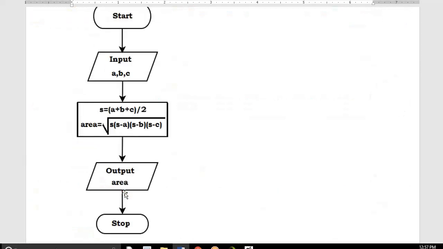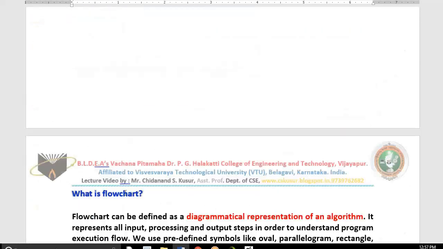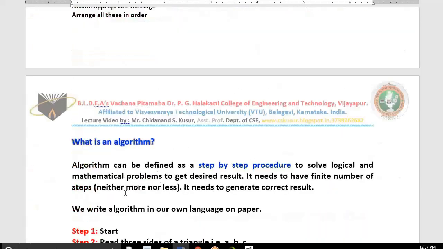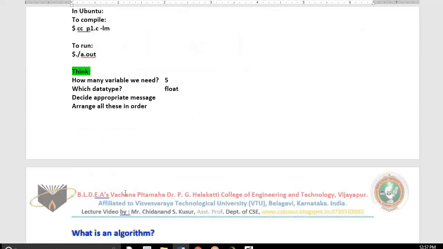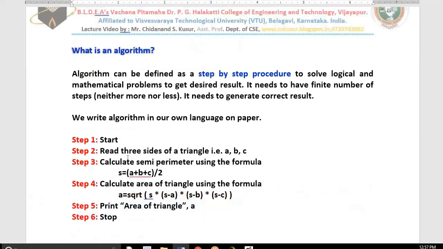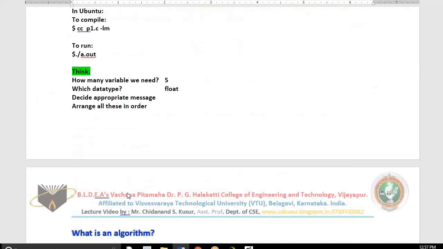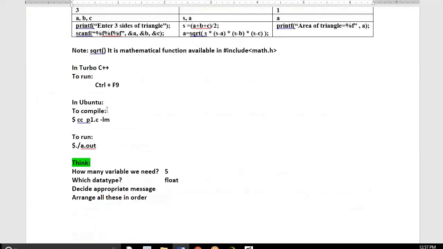I hope you understood the theory behind this program. Let us continue with, I was explaining what is an algorithm. But before discussing about what is an algorithm, once you write the program, how to run it. In Turbo C++, we use Control F9.